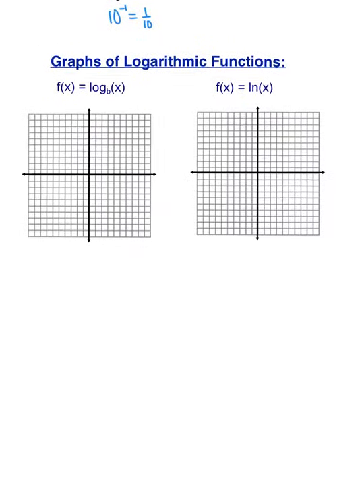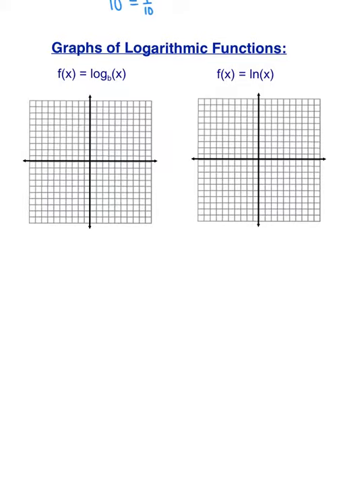So if I'm graphing a logarithm with base b, let's think about some points that are really easy that are always going to show up. So the first thing is, let's think about negative numbers. Do they exist? If I try and plug in a negative number, log base b of a negative number, what will that equal?